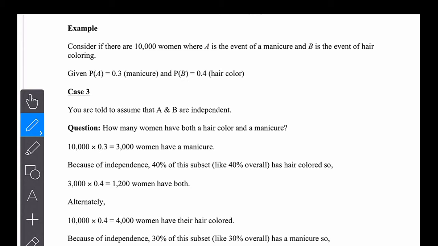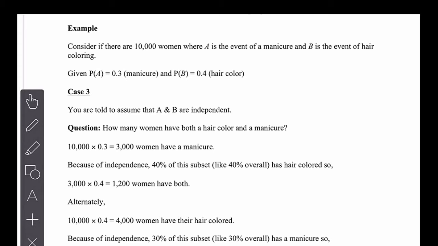So it's really the long run. We're looking at the long run case. So in the long run, of those 10,000 women, if I was to observe all of them sitting on a park bench watching women enter and leave a salon, I expect to see, if these probabilities are accurate, 30% of them have a manicure and 40% of them have hair color.